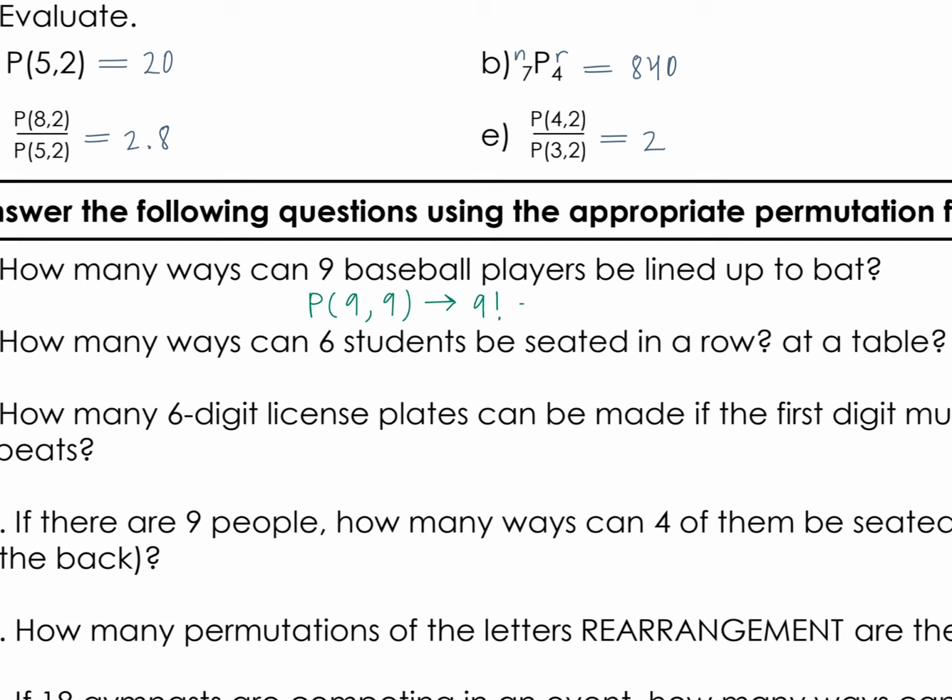But if I pick you second, using the same 9 people, then there's a different outcome because you're not batting first, you're going to be batting second. So for this answer, when you plug that into your calculator, your 9 factorial, you should get 362,880.